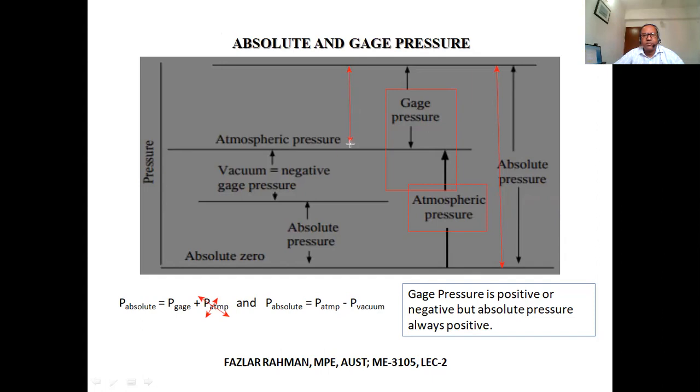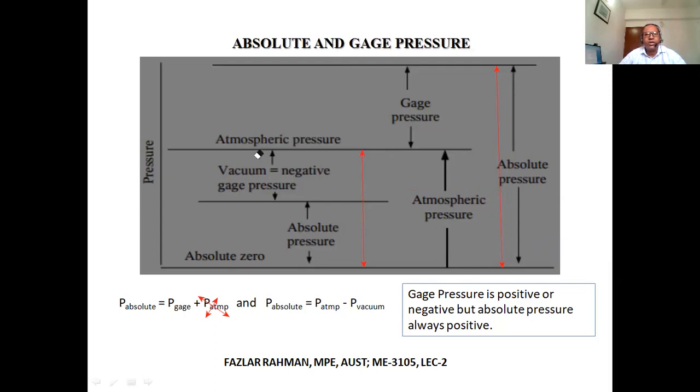You see, this is your atmospheric pressure. I'm sorry, this was the gauge pressure. Atmospheric pressure is this much. That means if you think this is your axis, then this is atmospheric pressure, and this is absolute zero pressure.